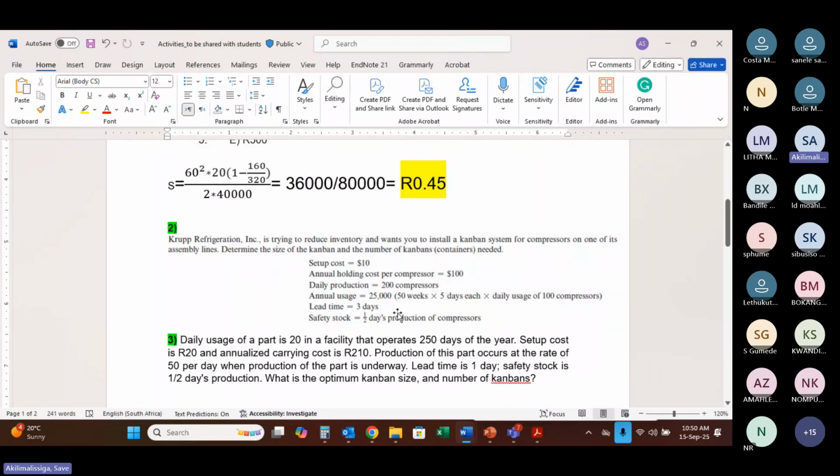So again, you have all the information necessary to answer this question: the setup cost, the annual holding cost, daily production, annual usage, lead time, and safety stock. All right, so let's answer the first question.